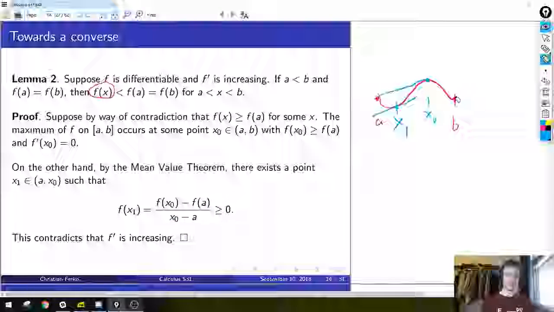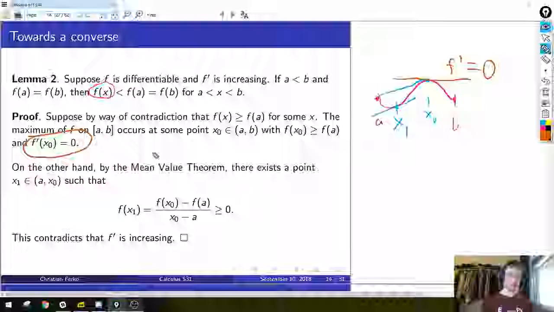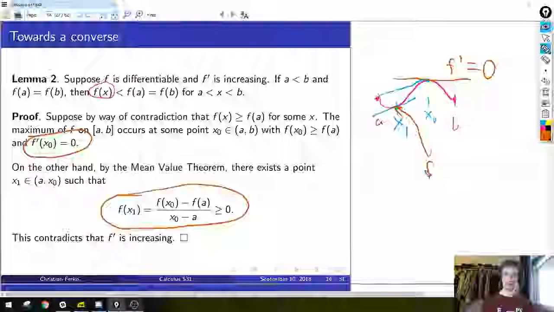That's the contradiction, though. Why is that a contradiction? Because by construction, x0 has a tangent line slope where f prime equals 0, right? So I'm just going to highlight the two things that are a contradiction. The tangent line slope is 0 at this point. The tangent line slope is greater than or equal to 0 at this point. So here, f prime is greater than or equal to 0.